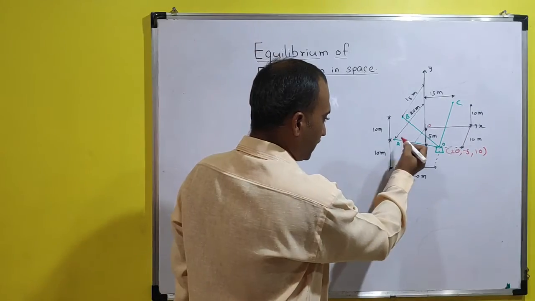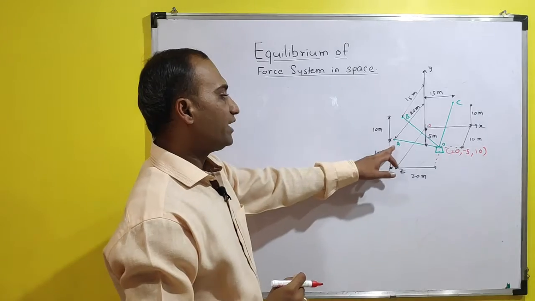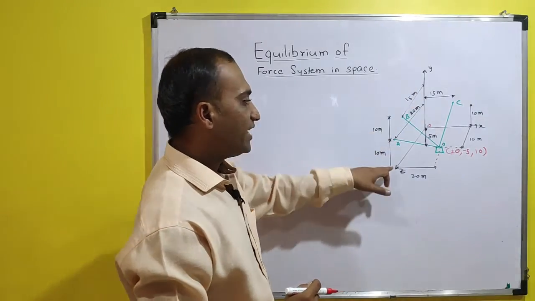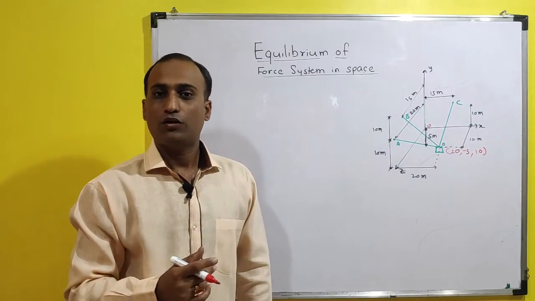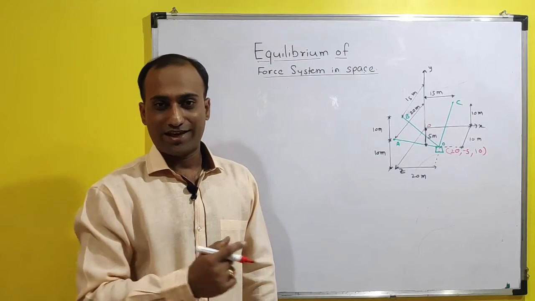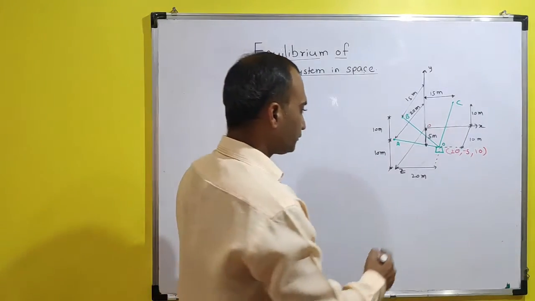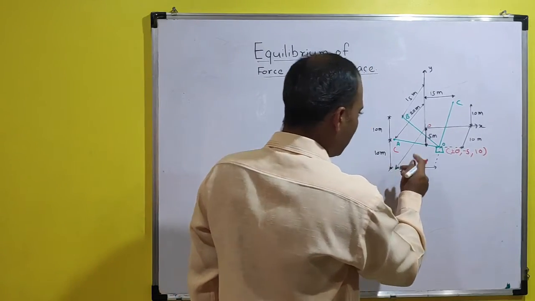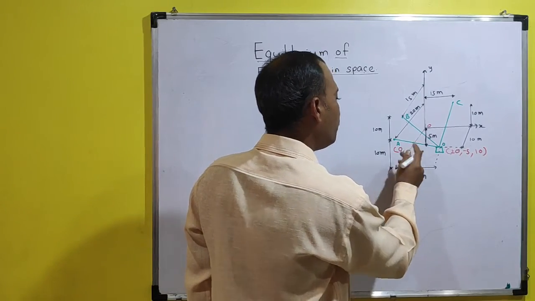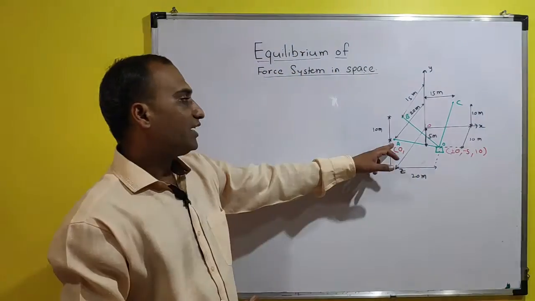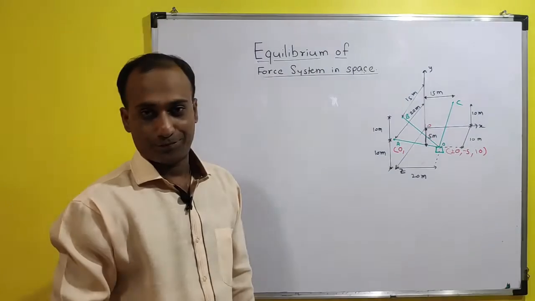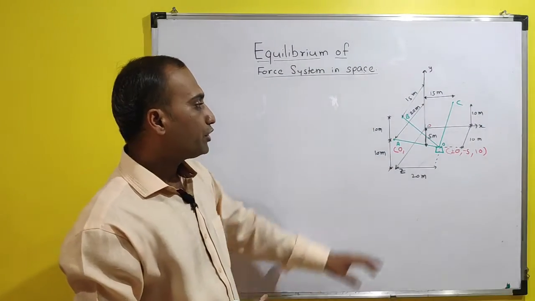So the next point A. So for the point A, it is in the YZ plane. So we need only Y and Z distances. So X will be 0. So for this point A, first of all it will be 0 because this point A lies in the YZ plane. So how do we know that?